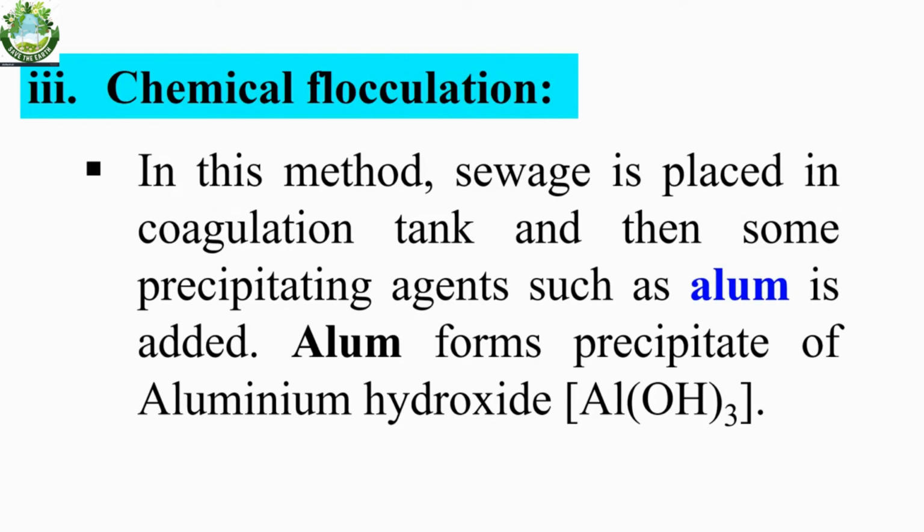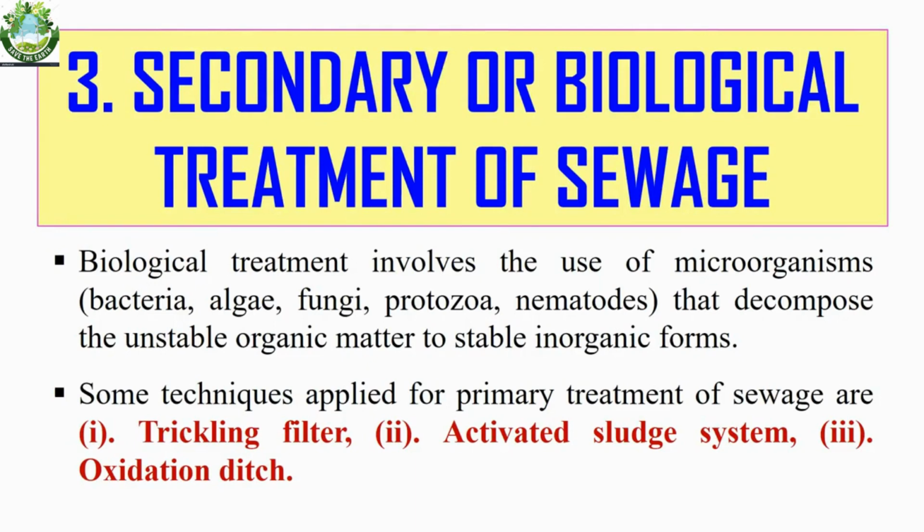Now the suspended solids bind to this precipitate, its size increases, and due to the increase in size the particles settle down at the bottom, from where they can be removed mechanically.